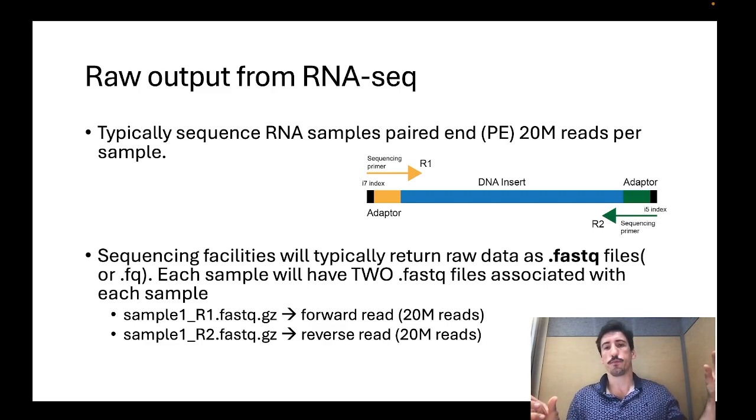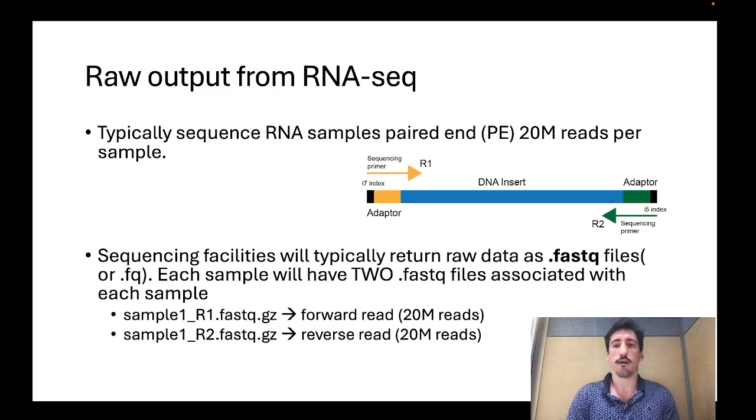And so when we say paired end, we mean that the sequencer is going to be reading this DNA insert from both sides. And so that's the paired end read part of it. And ultimately, because it's sequencing the DNA inserts from both sides, you're going to get 2 data files for each sample. Here on the bottom, I'm showing you what the files typically look like.